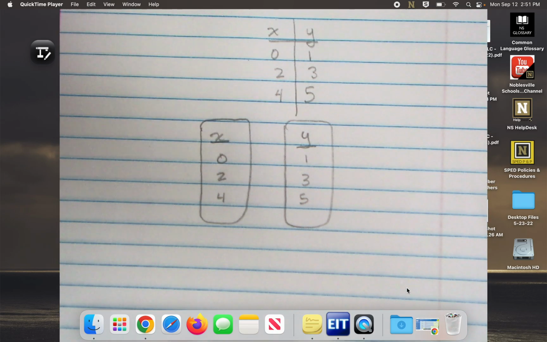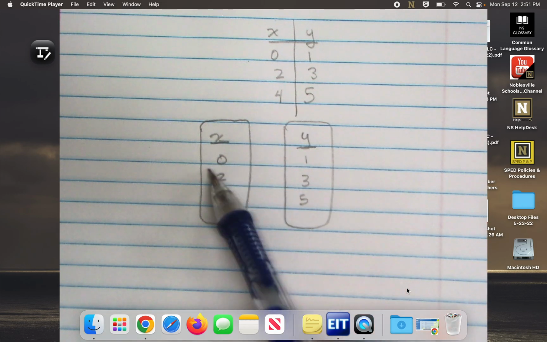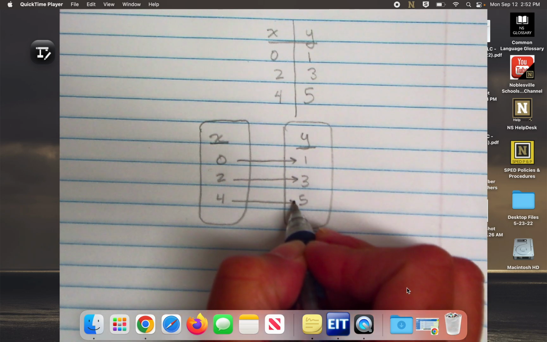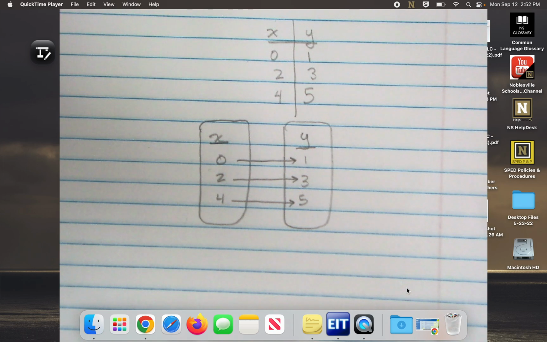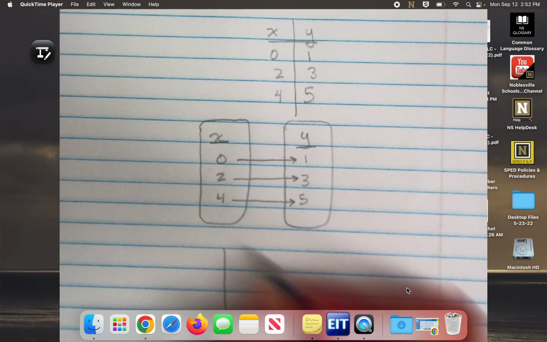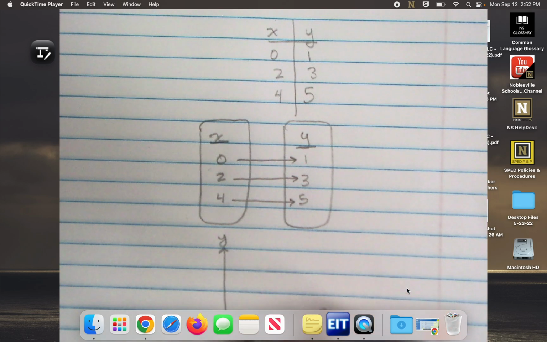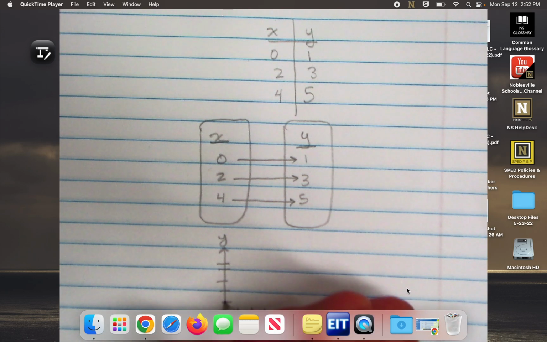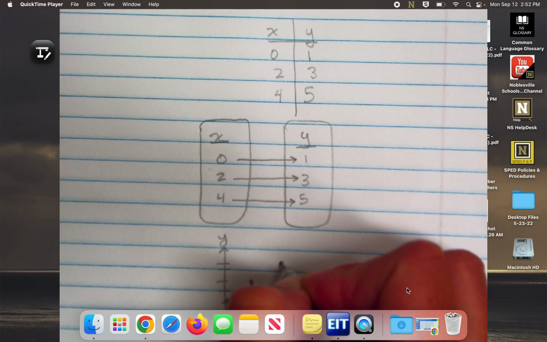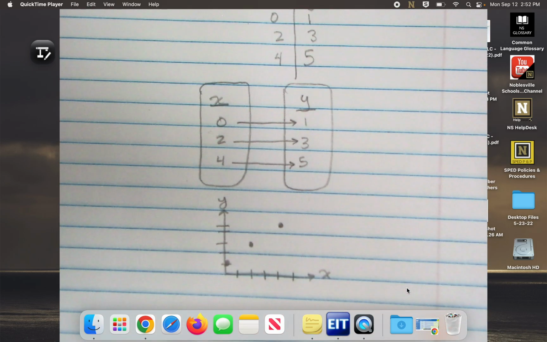So these are the four different ways you can show a relation. You can have ordered pairs, a table, a mapping, where then you connect them, and that's what they did with the vending machine. Or you can have a graph, where you just put the ordered pairs.